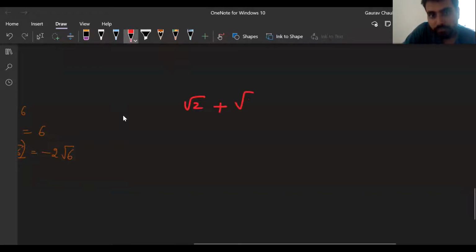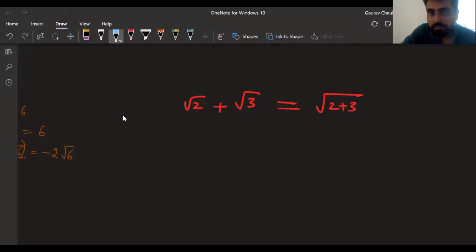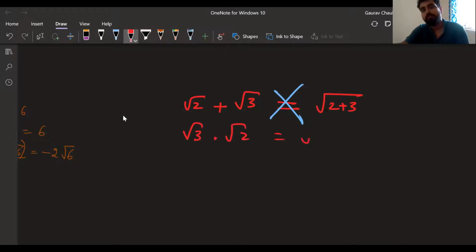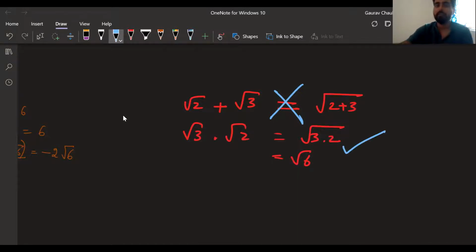Root 2 plus root 3 is not equal to root over 2 plus 3. This is wrong. Root 2 into root 3 is equal to root over 2 into 3, which is equal to root 6. This is right. Are we good, Manisha?